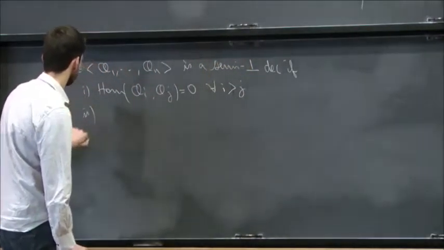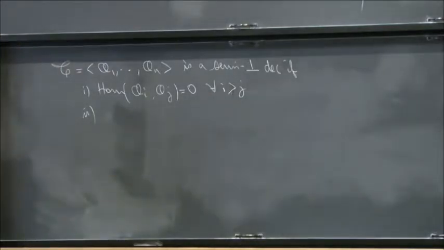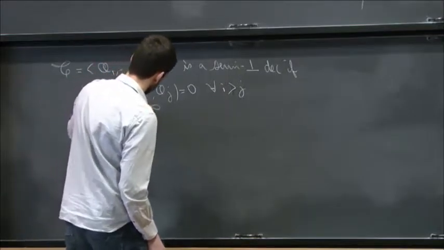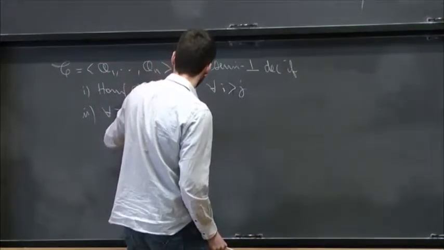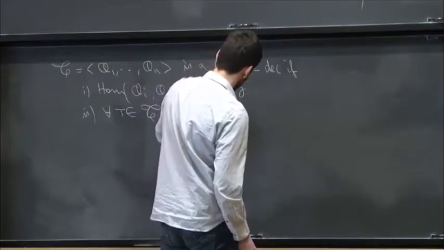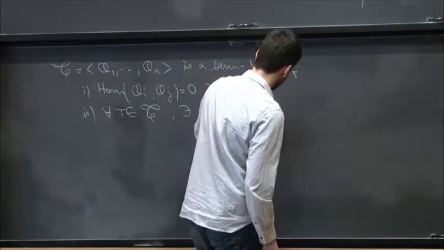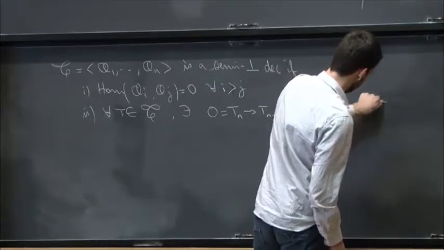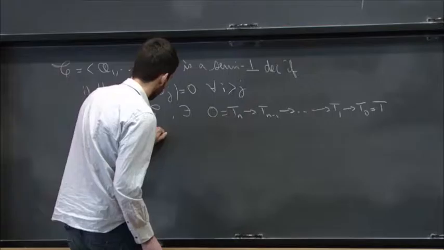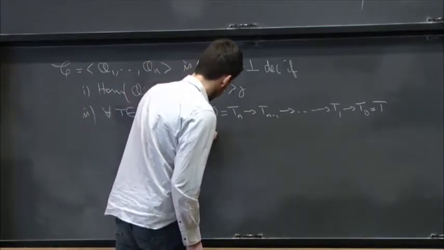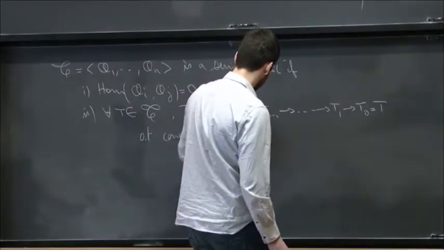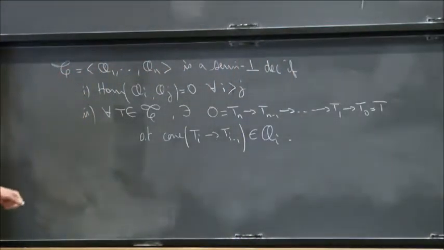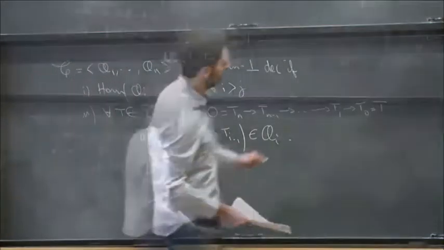And the second one, the generation condition, is that for all objects T in T, there exist objects such that the cone is in A_i. You can check that when you have two subcategories, it's the same definition.